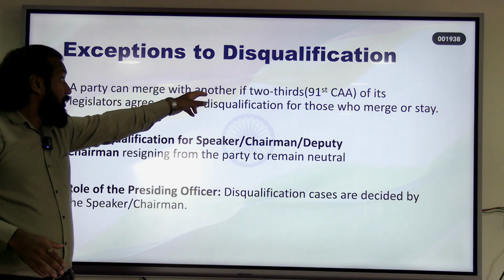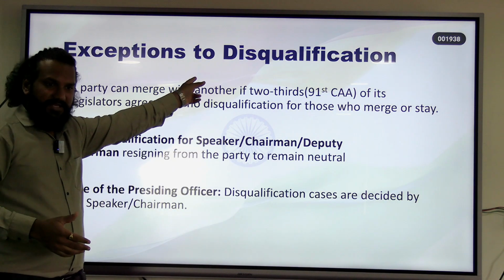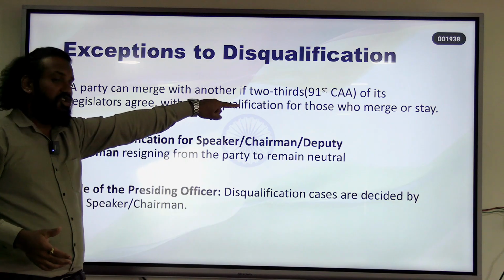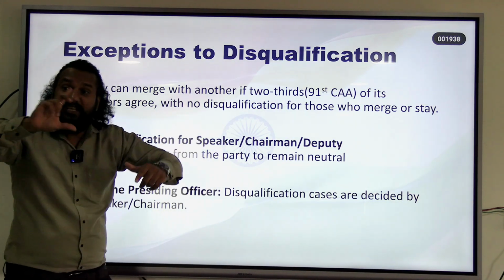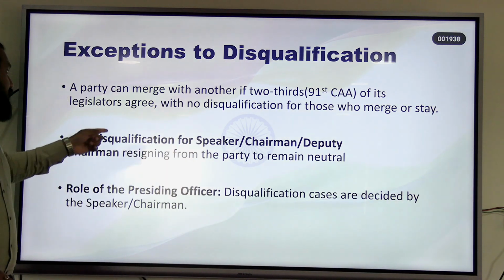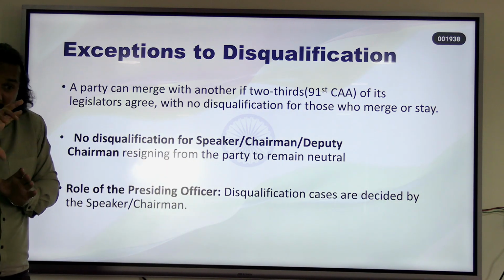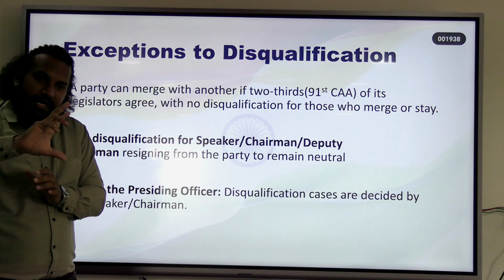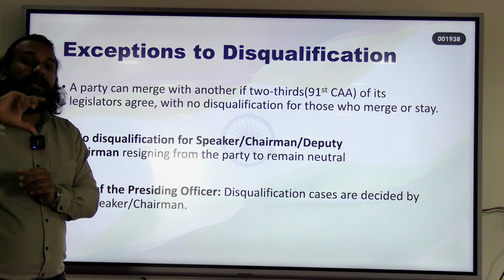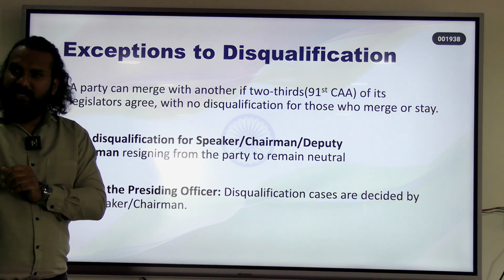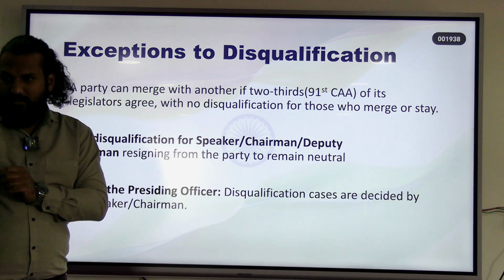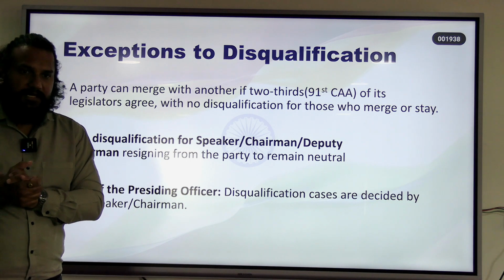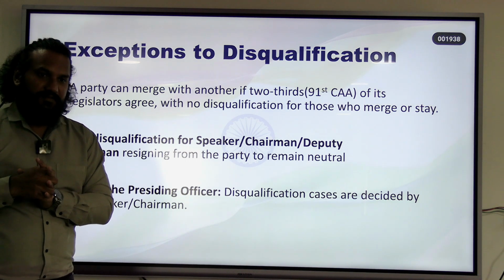If 2/3 of those legislators, earlier 1/3 was there, but by the 91st Constitutional Amendment Act a provision was added that 2/3 of those legislators who agreed for a party switch or merger of the party with the other party, then there is no disqualification.